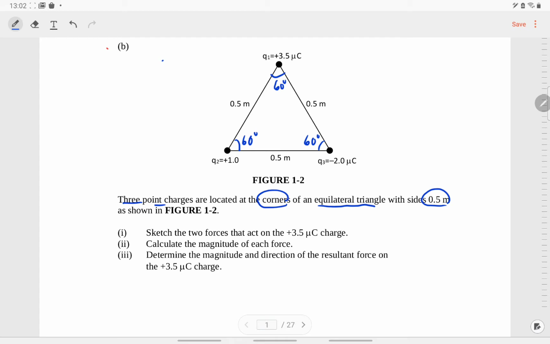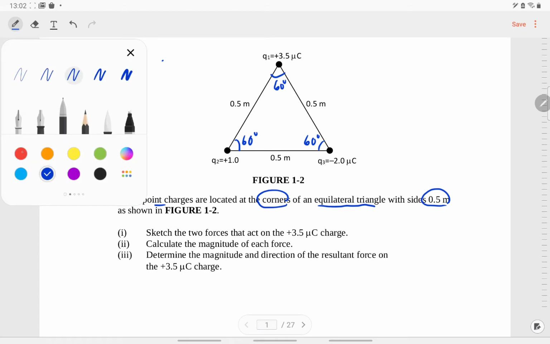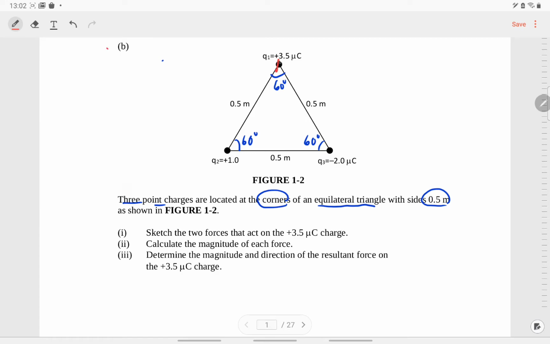Panjang sisi lah. So first step adalah, cuba buat charge. Let's say Q1 dia given positive charge, Q2 pun positive, and then Q3 adalah negative. So that kita lebih nampak macam mana dari segi direction of forces, sama ada repel ataupun attract.